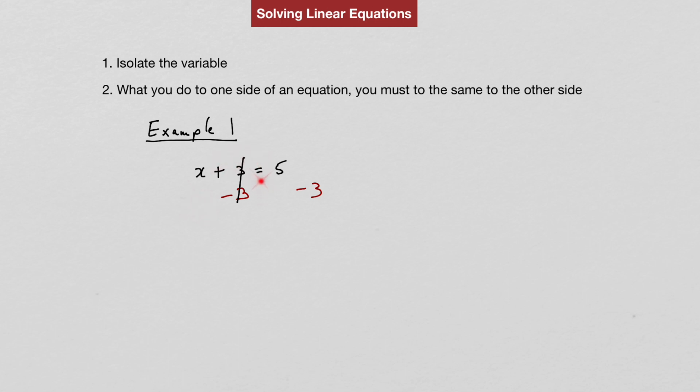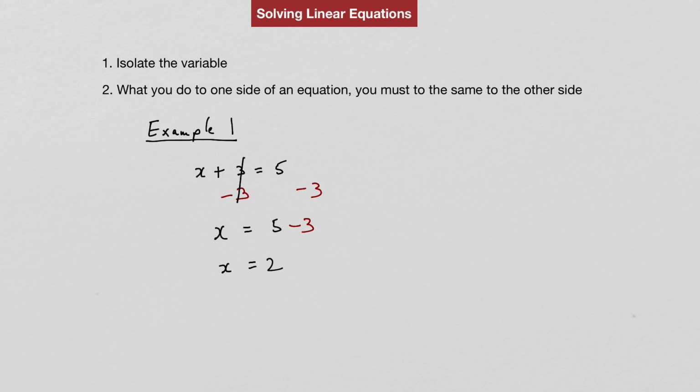Here's the equal sign. There's nothing left on the left side. And then what we're left with is x is equal to 5 minus 3. And now that we solve for 5 minus 3, we find that x is equal to 2. Hopefully that made sense.